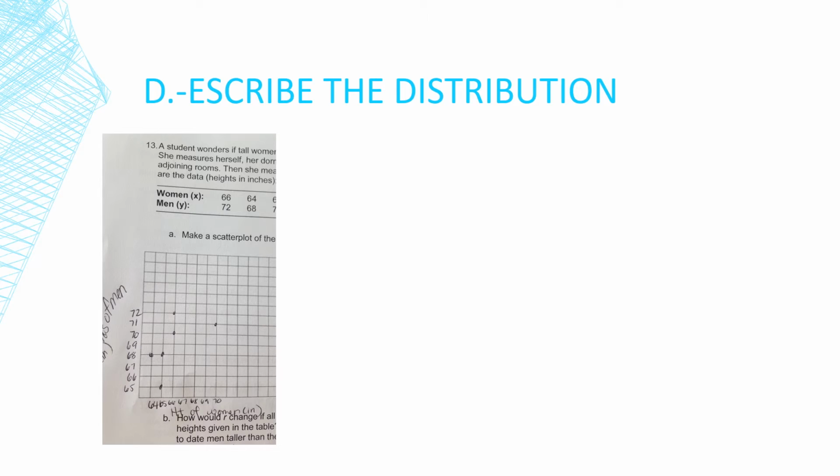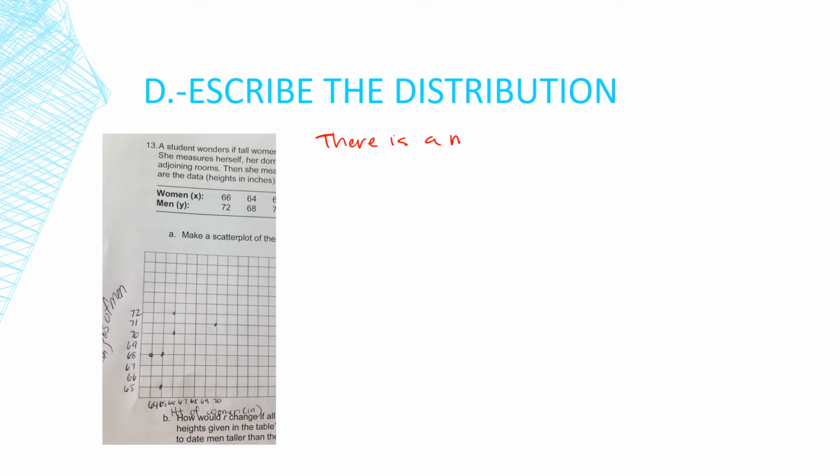So hopefully you actually did what I asked and you have the graph in front of you. I graphed mine on my paper and then took a picture of it, so hopefully you can see kind of what's going on. And then it asks us to describe the distribution. You can see that these points are not too bad. They're kind of a little bit of a scattering, but they have some sort of a linear motion. But they're not close together is what I'm trying to say.